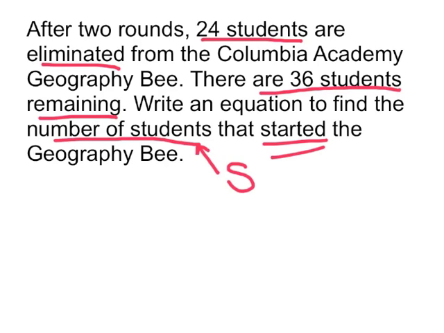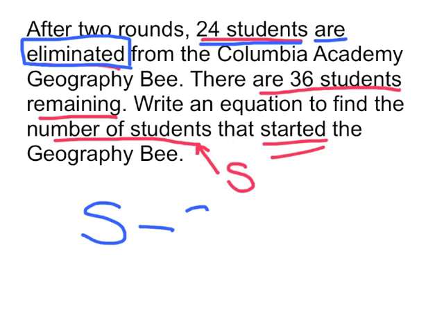So now let's go back to the beginning. After 2 rounds, 24 students are eliminated. Eliminated wasn't in our table, but think about what that word means. Eliminated means that you get rid of something. So hopefully when you see the word eliminated, you think of subtraction. We have our starting number of students, and we eliminated minus 24 of them.